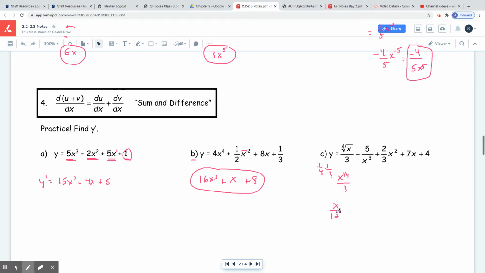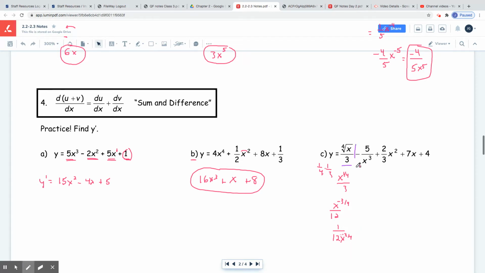So x over 12 to the negative 3/4, which is 1 over 12x to the 3/4. Whoops, I didn't put my x in there, sorry. 12x. To make it positive, you have to move it to the bottom. So it's 1 over 12x to the 3/4. All right, so that one's done.